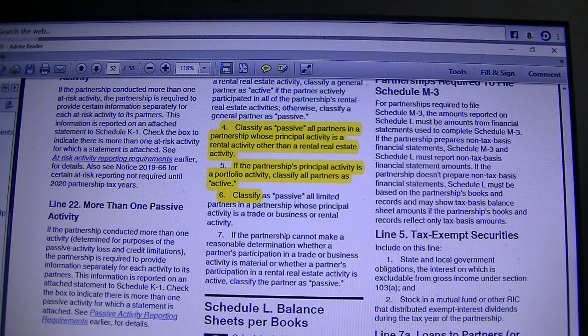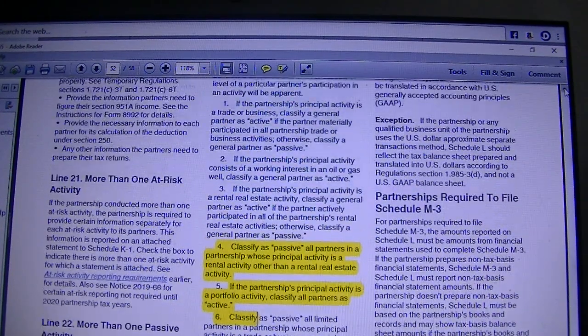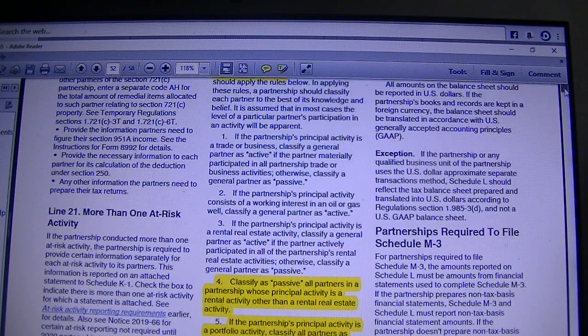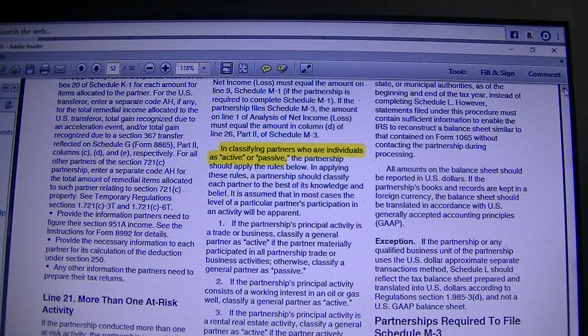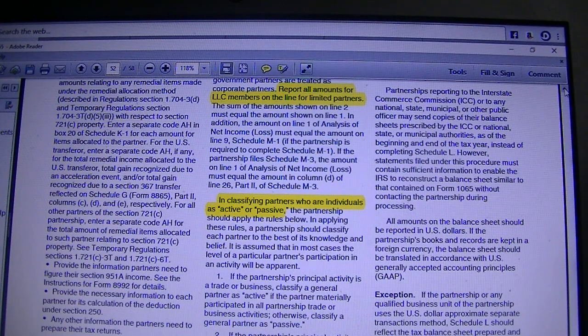So for a trade, they want you to classify all limited partners as passive. But the thing is an LLC. And then they want to consider the general partner as active if he materially participates. But for an LLC, you don't have a general partner.